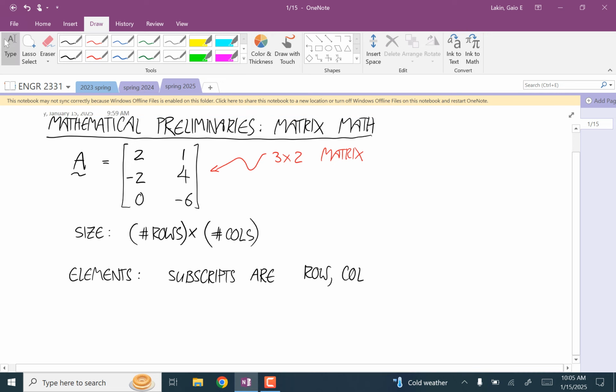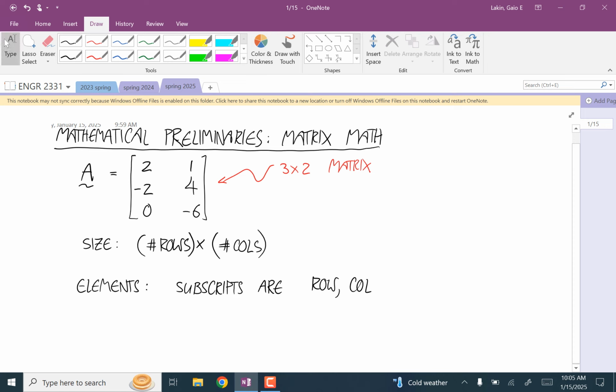I'm always going to use a capital letter to represent a matrix, and then the elements are going to be that same letter but lowercase. So A11 is 2. A12, because it's on the same row, different column, is 1.